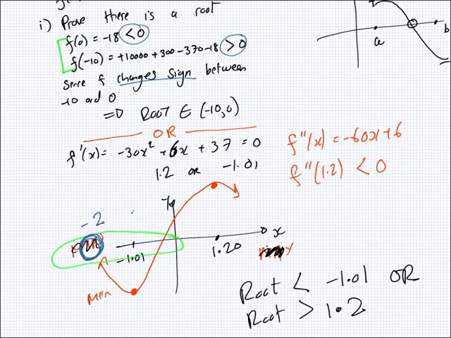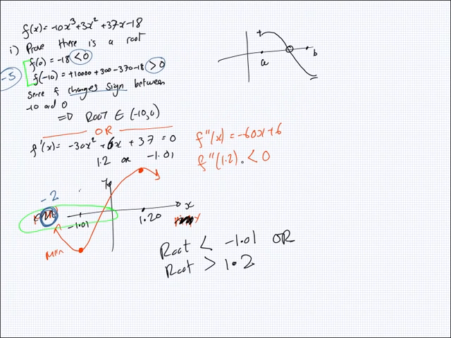Well, maybe not. Maybe it'd be at minus 3, maybe minus 4. I don't know. Here we know that it's between 0 and minus 10, so I'll start at minus 5 and see where I end up.